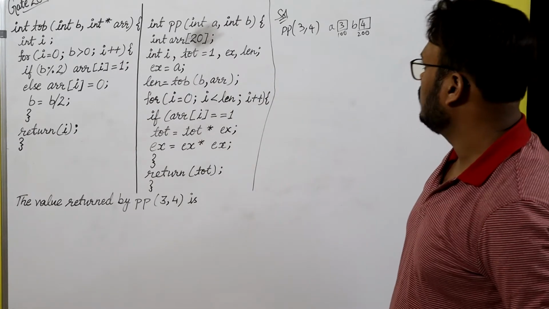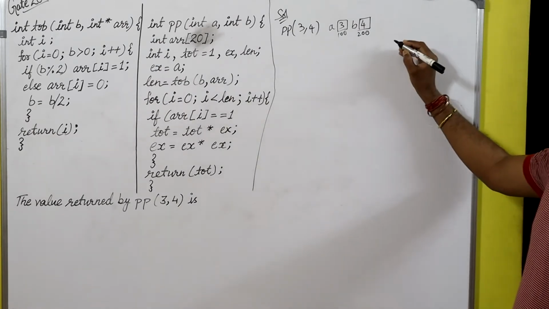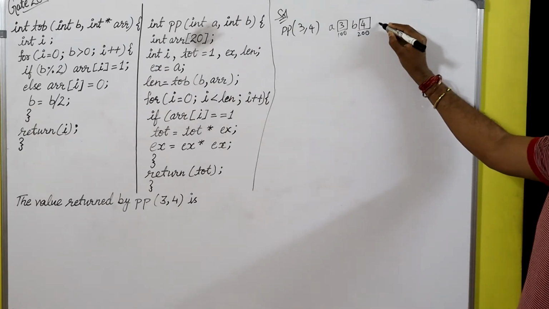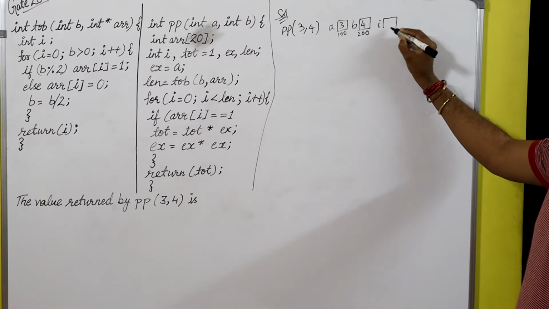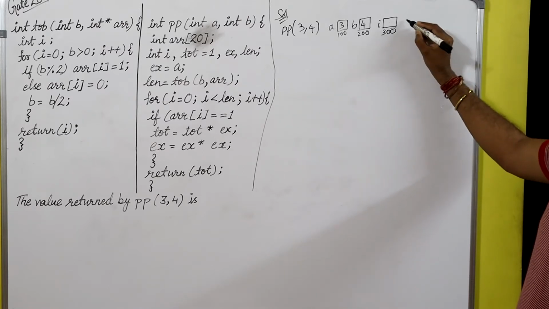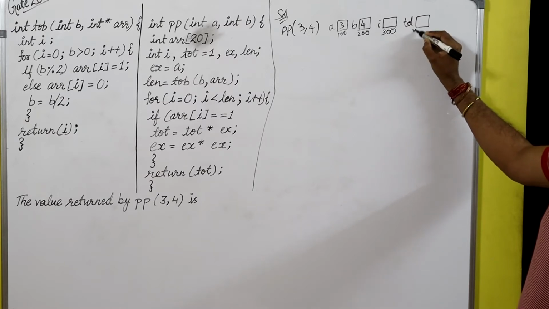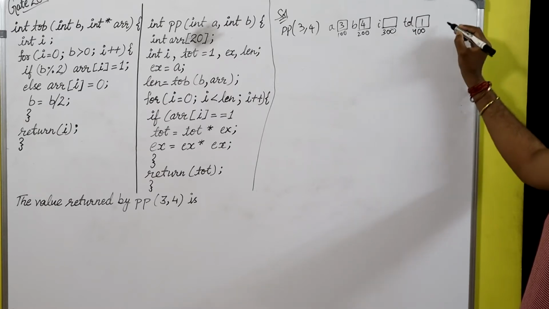Let's write here the variables which are local to the function PP. I, let's give the address 300. Then TOT, let's give the address 400 and its value is 1.